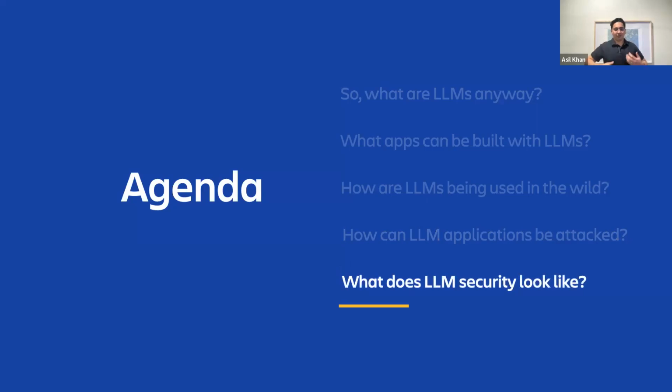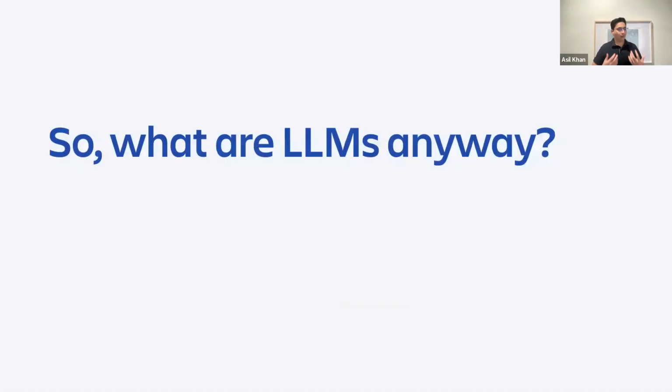And finally, what does LLM security look like? As I said before, this is a new field. We're still figuring out the security implications. New attacks are coming up about every day, and I'll give a bit of an overview of what we've seen so far. So without further ado, what are large language models anyway?